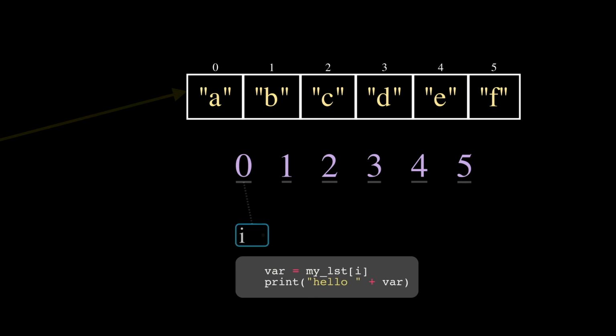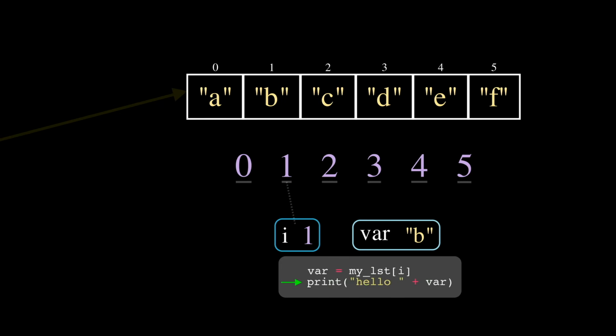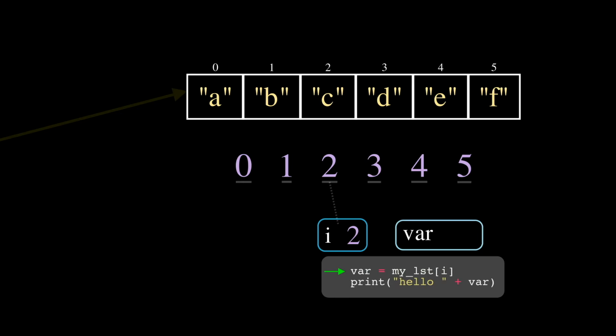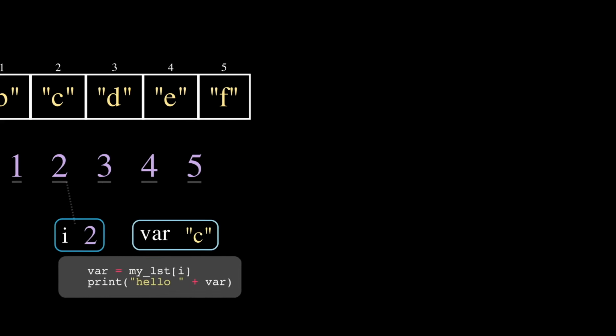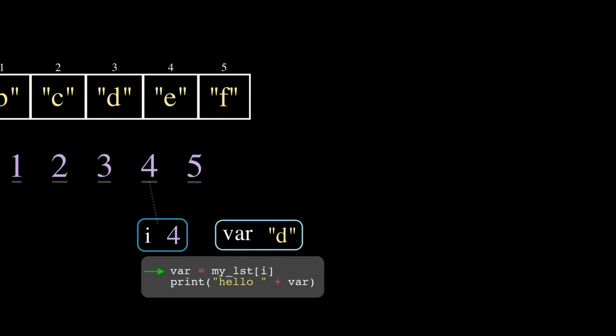As the for loop begins, the loop variable i is an integer, but it conveniently also represents the index of my list. Then we can access the corresponding element using this index and store it into the variable var and print it. Since we're iterating over all the indices, we ensure that every element is visited. What you see now is another perfectly valid way of looping over a list.